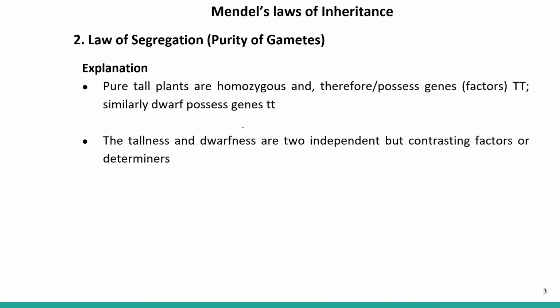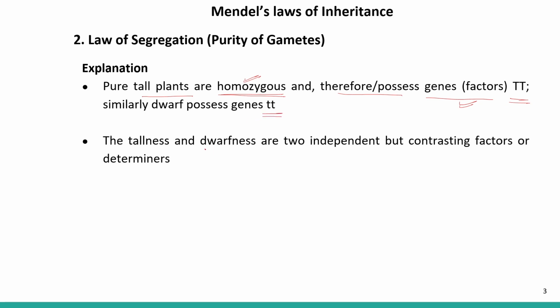Okay. So pure tall plants are homozygous. Again, this is the discussion for the cross which we have discussed just now, right? Pure tall plants are homozygous and therefore possess genes, also called factors by Mendel. Later it was called gene. So capital TT, similarly dwarf possesses genes small tt, right?